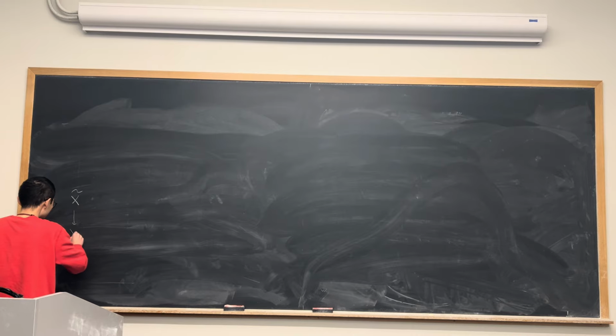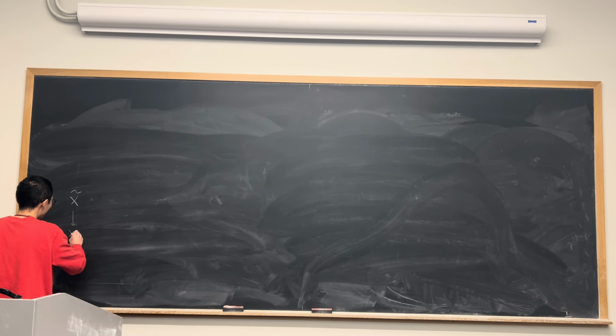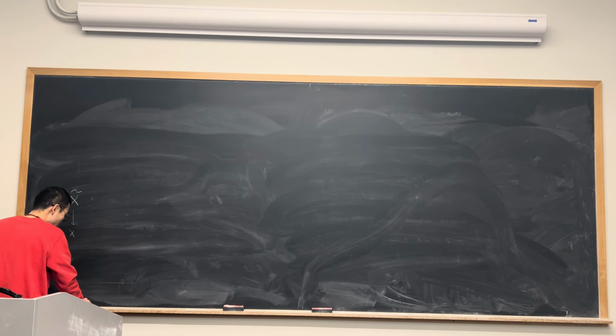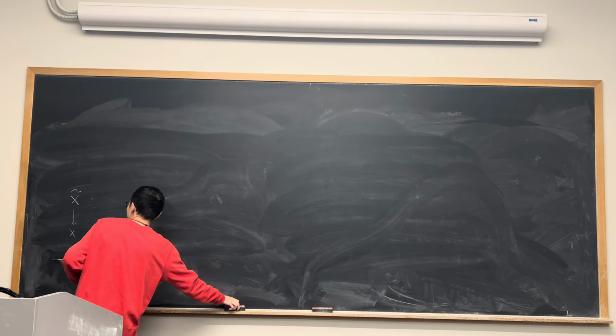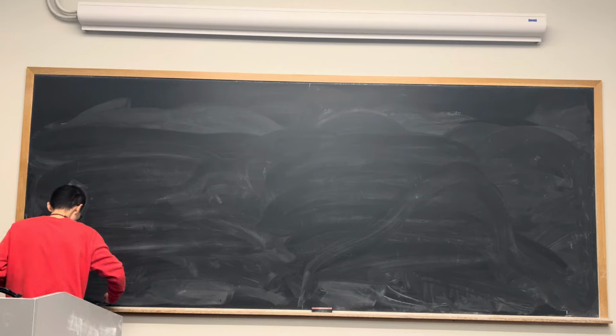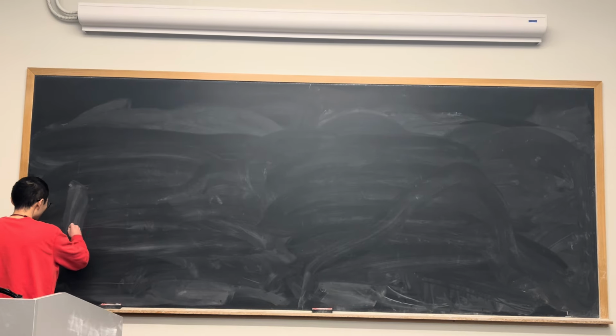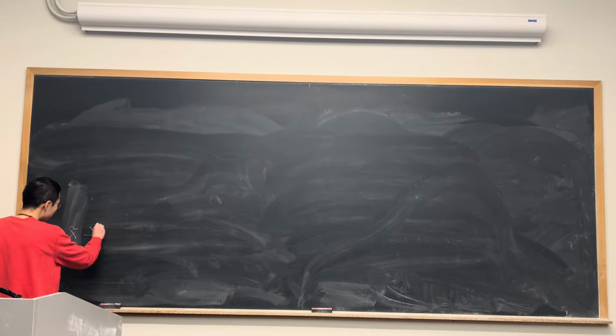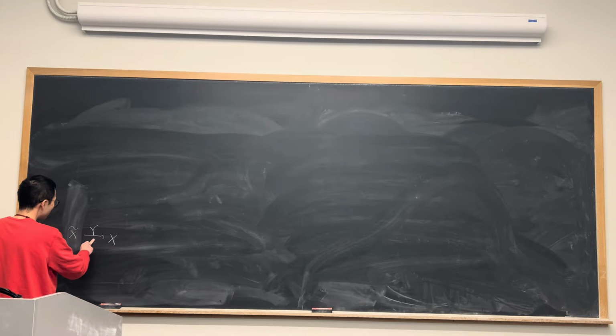Wait, sorry, I think I should go the other way. Here we have X tilde as the holomorphic covering space of X, and this gamma is the holomorphic covering map.